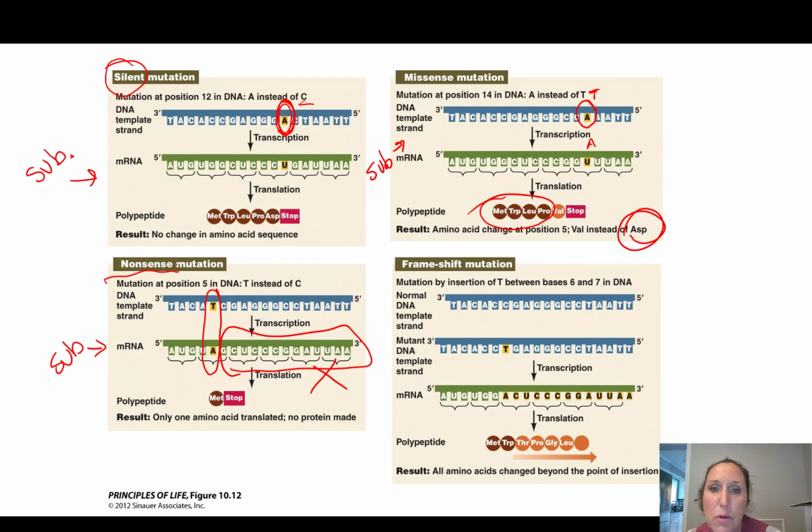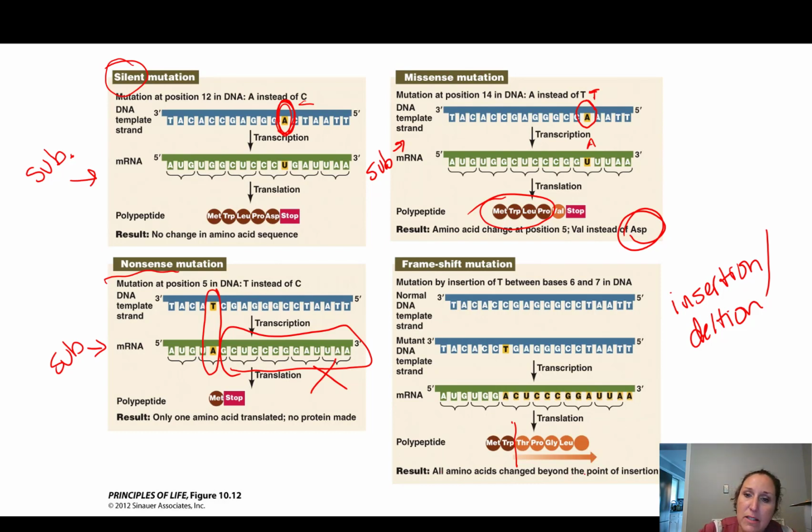Now, everything else that we described, an insertion or a deletion, is actually going to shift the reading frame so that it's completely different. So translation is going to continue, but everything after the addition or deletion is going to be incorrect.